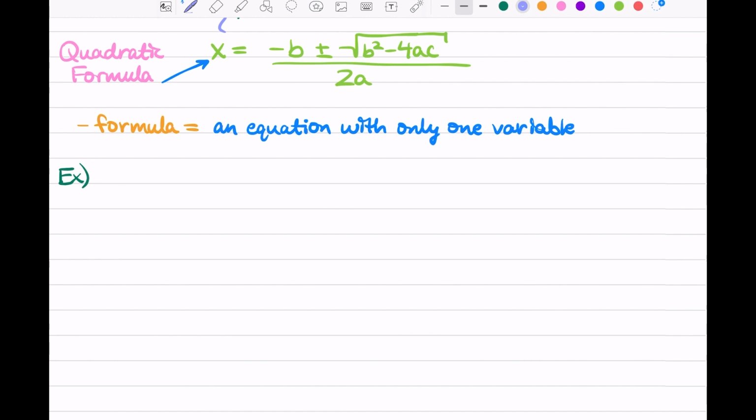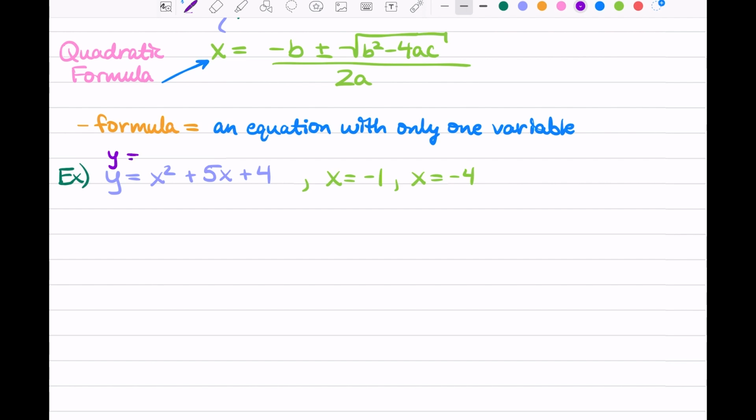Let's consider the first equation we looked at. That was y equals x squared plus 5x plus 4. Using the factoring method, we saw that the roots were -1 and -4. Now we'll try to find the roots using the quadratic formula. Let's write our general form to help us out.